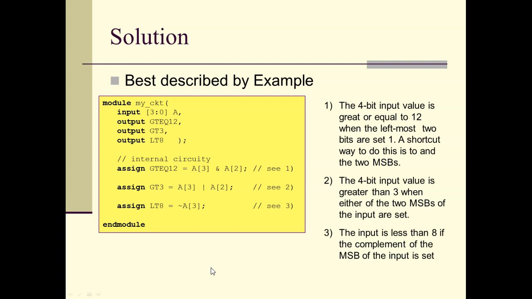What I'm doing is complementing the A3 value. If the most significant bit of A is 0, it doesn't matter what the other three bits are. Even if they are all 1s, that would only be a 7. So if the most significant bit is a 0, it gets complemented and becomes a 1. LT8 becomes a 1 when A3, which is the most significant bit of A, is a 0.